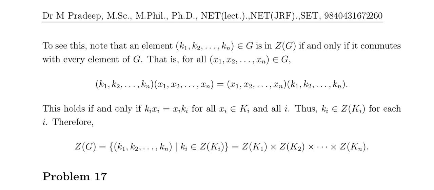This holds if and only if ki xi equals xi ki for every xi in Ki, for all i. That is, ki belongs to Z(Ki) for each i.